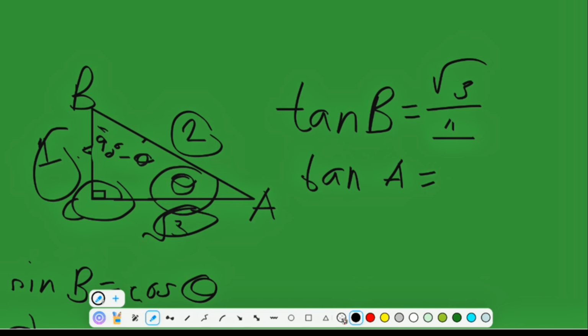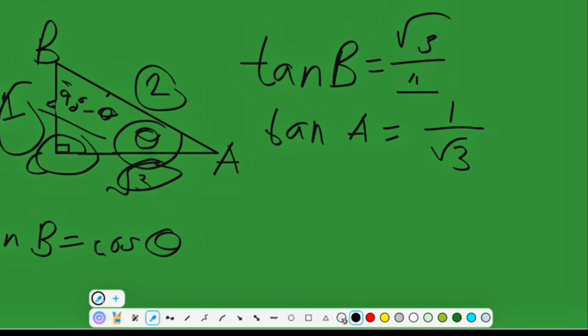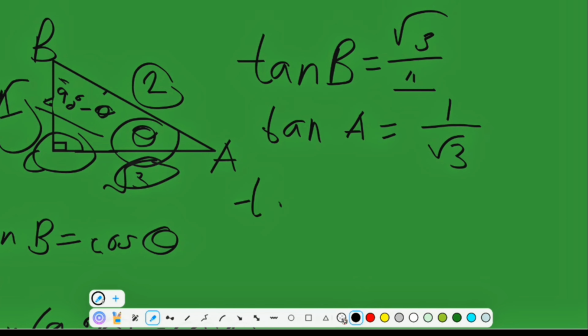And then for tangent A, it was going to be opposite side, which is 1 over square root of 3. What happened here? So what happened here is tangent A is equal to 1 over tangent B.